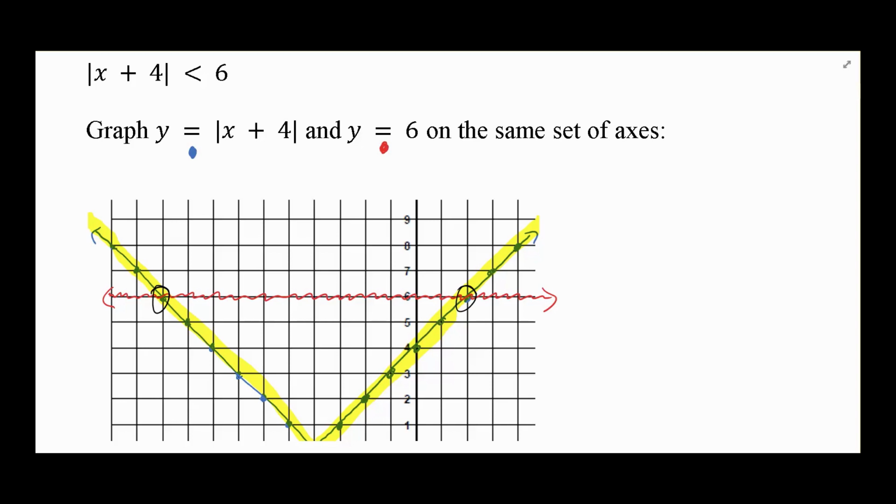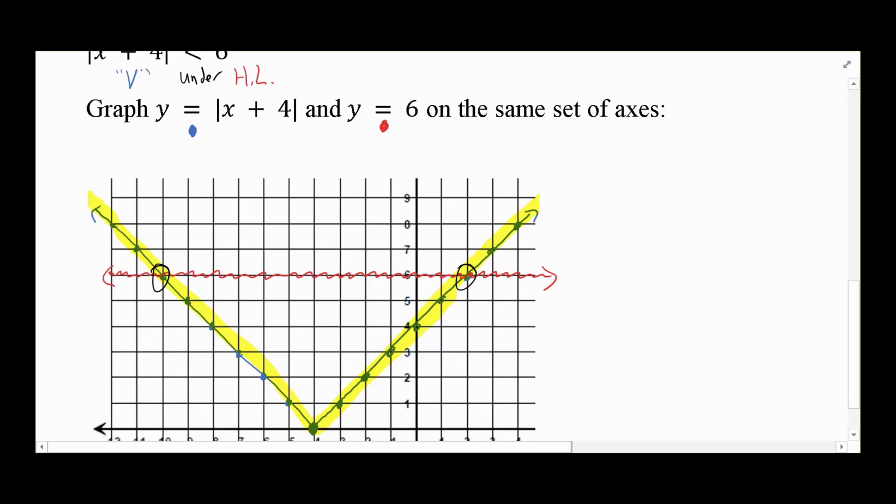Coming back up to the inequality, we want to know, this V that I graphed, this absolute value, when is that under or below y equals 6, our horizontal line? So this question was really asking, when is the V under or below the horizontal line?